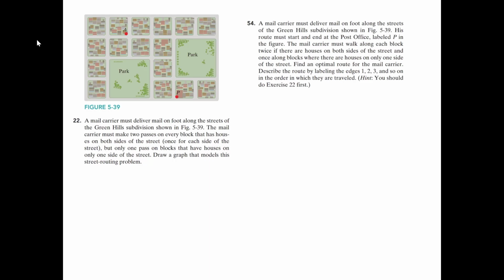The mail carrier must make 2 passes on every block that has houses on both sides of the street, once for each side of the street, but only 1 pass on blocks that have houses on only one side of the street. Draw a graph that models this street routing problem.